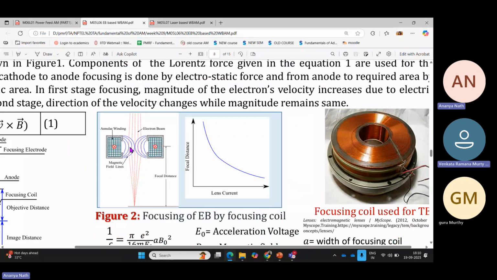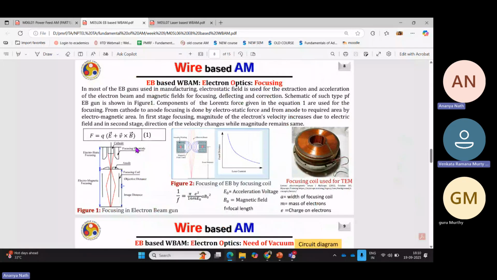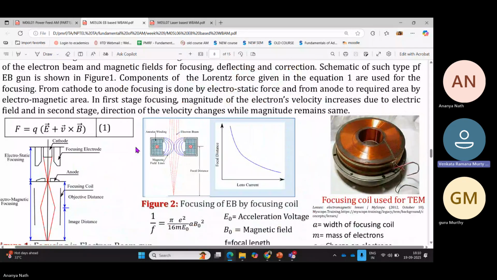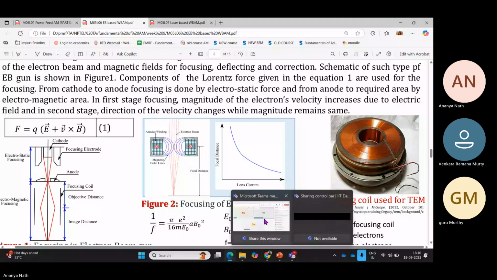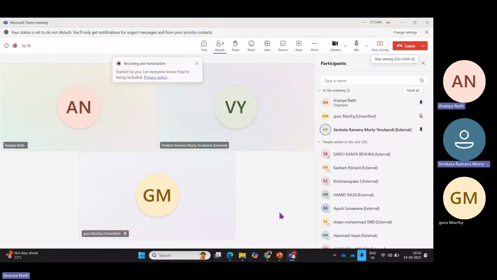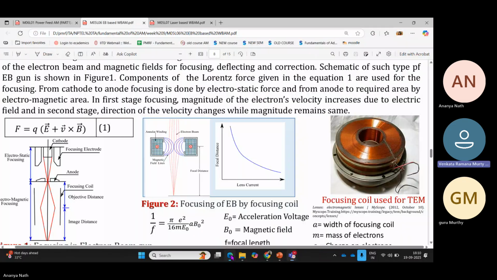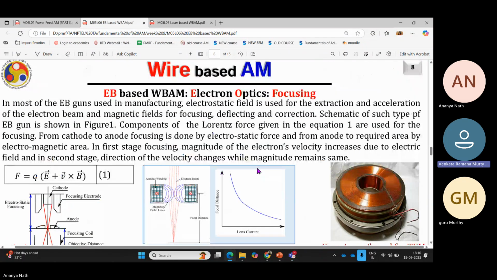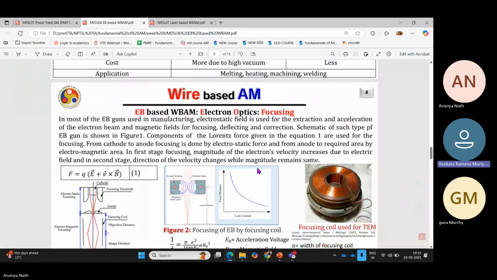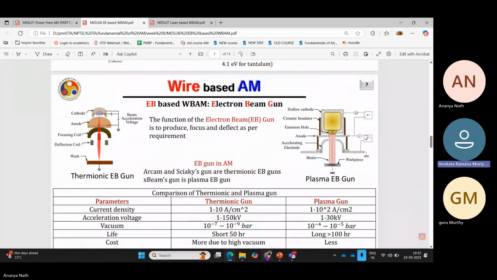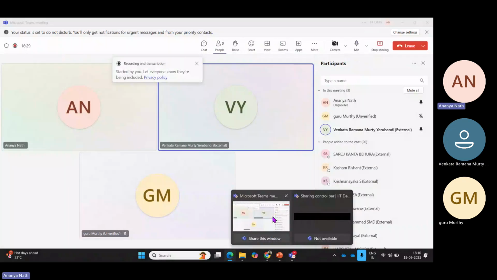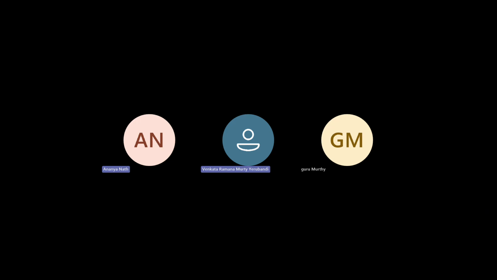Excuse me, we are not getting the slide here. I'm not getting the slide. The screen is not showing. Earlier you could see the slide only. Earlier it was the classification of powders, the introduction to powder. Let me stop sharing and then share it again.